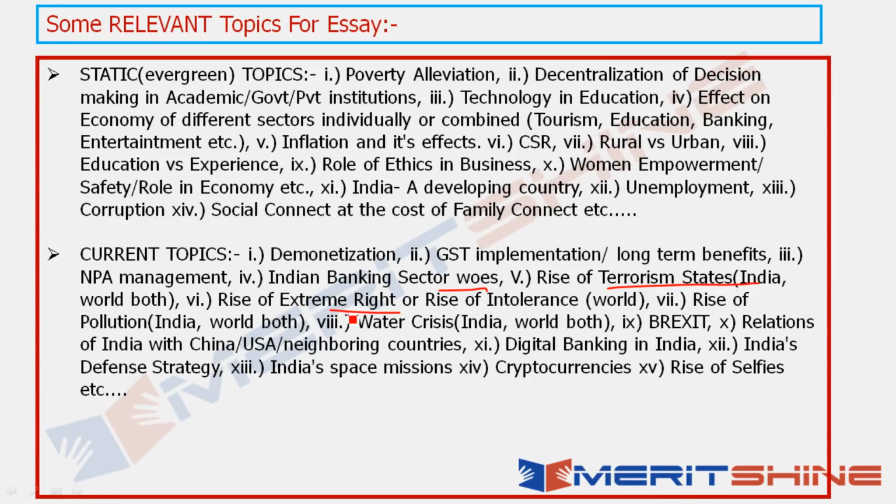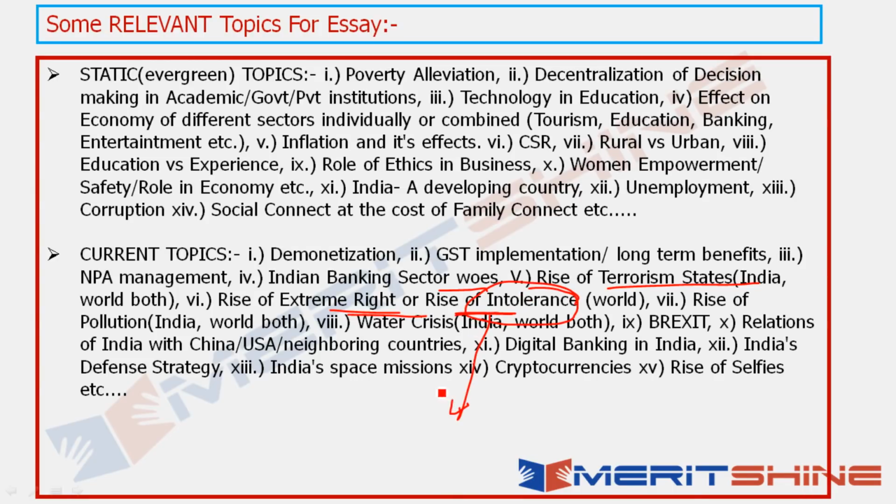Rise of extreme right or rise of intolerance in the world. Now, this is very relevant. You see a lot of right-wing activist movements. President Trump of the United States is a rightist president, and we are looking at many European nations having extreme right leaders, and intolerance is therefore rising.